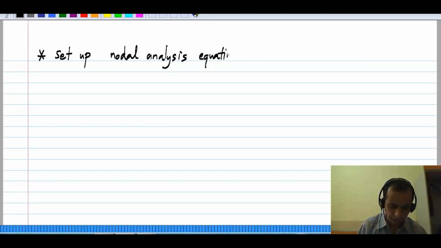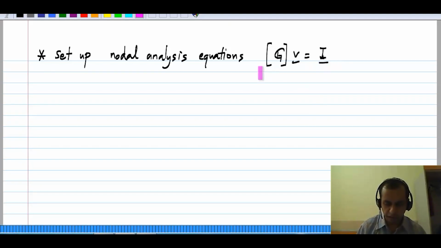So in summary, when you want to solve for every electrical variable in the circuit, you set up the equations for nodal analysis, G times V equals I, okay, where this is the vector of independent sources, this is the conductance matrix, and this is the unknown vector consisting of node voltages.